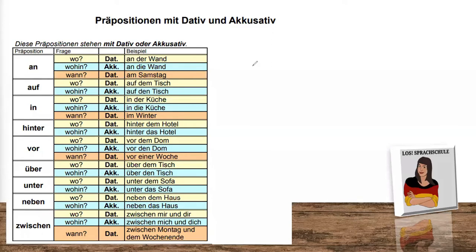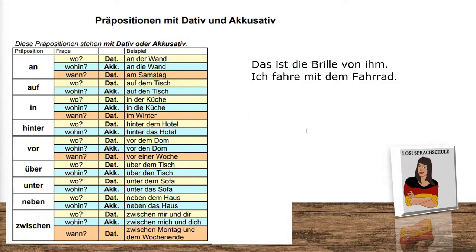As you know, if you have studied before, watched my videos, but also finished A1, prepositions will declare if something needs dative or accusative. For example, you learn in the beginning a sentence like, das ist die Brille von ihm. Those are the glasses from him.